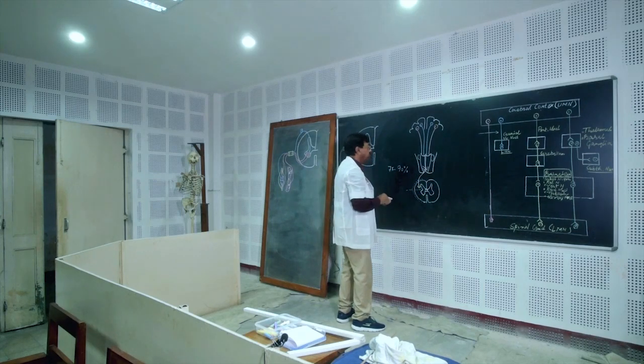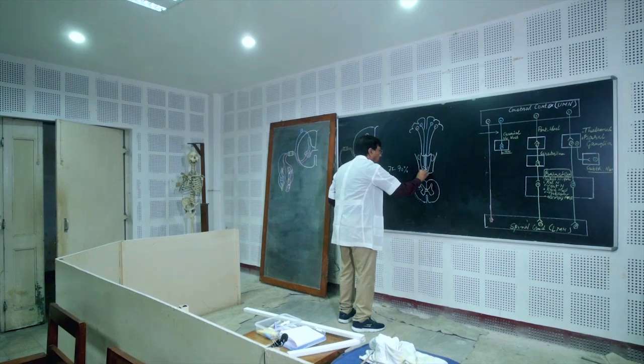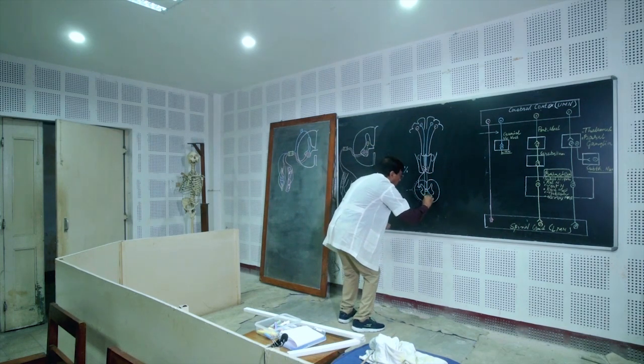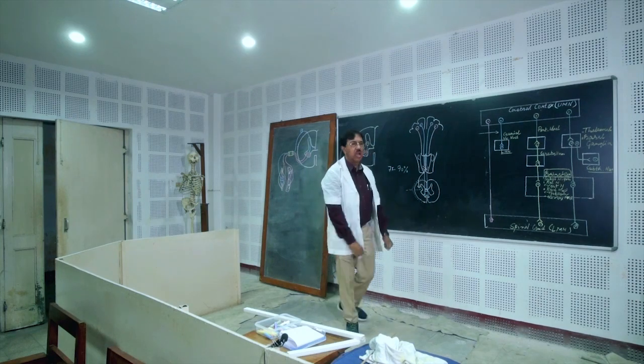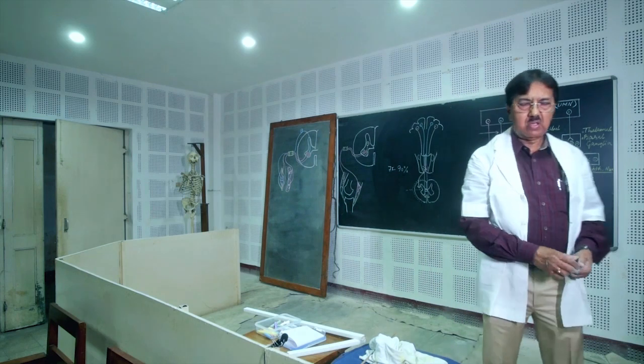And the remaining smaller quantity of fibers pass vertically, uncrossed, to the anterior white column. One is in the lateral white column, one is in the anterior white column.